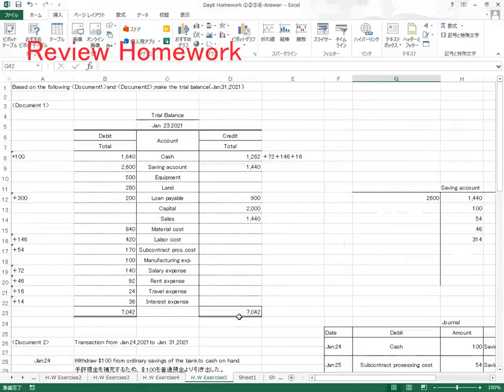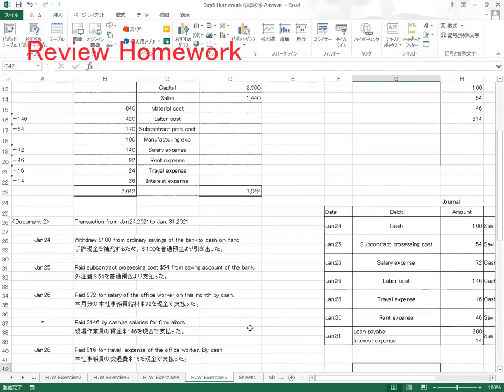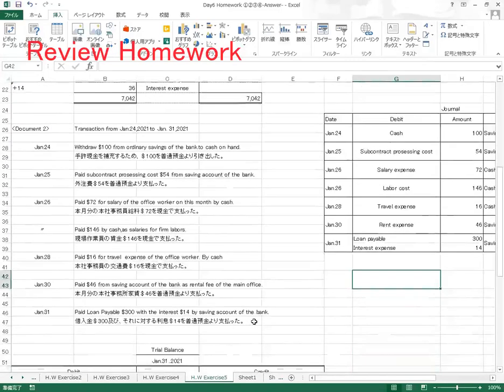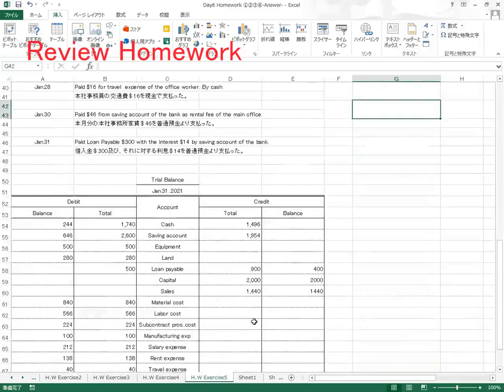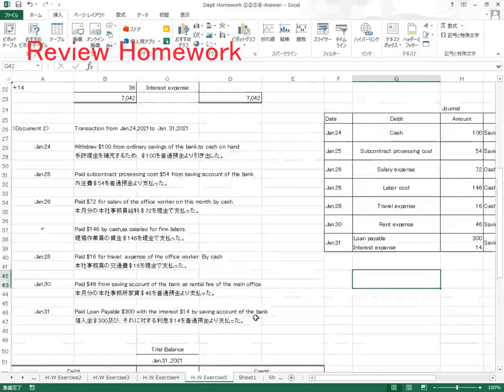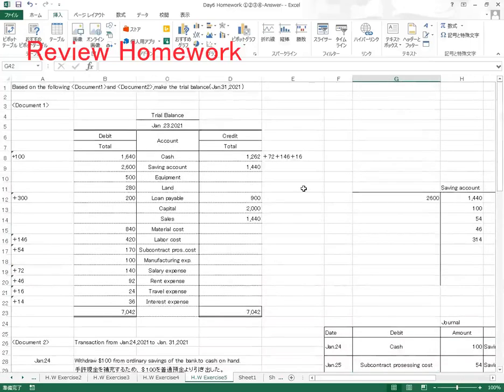So exercise 5, who did it? Some members say that it is very difficult, so teacher Midori will now explain.